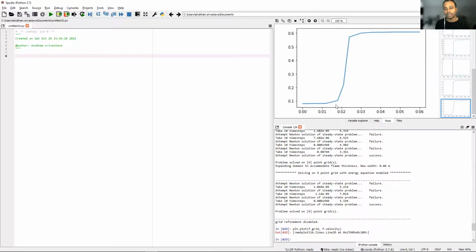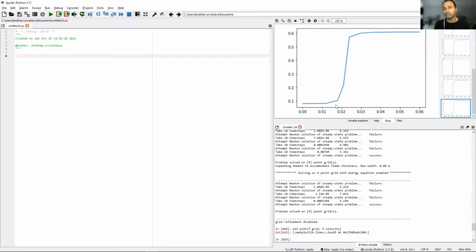So I would highly recommend that you keep the refinement criteria on at all times whenever you are solving flame equations on Cantera. And the default values that I provided, the ones that I like for set_refinement_criteria, I've seen them work pretty well in most gas compositions.